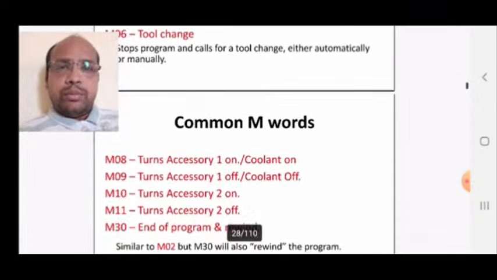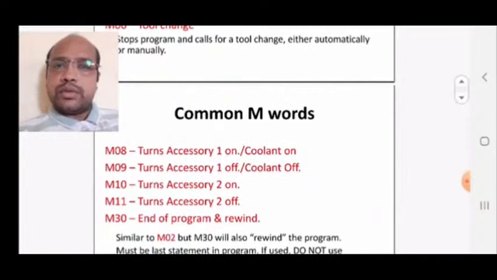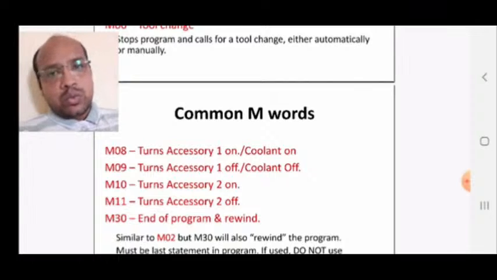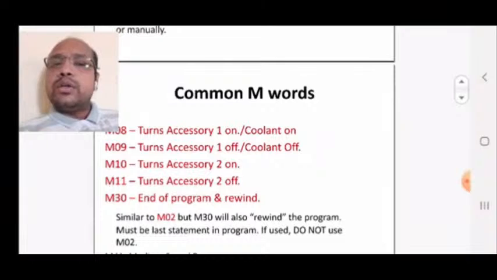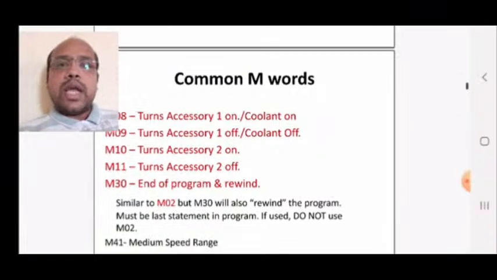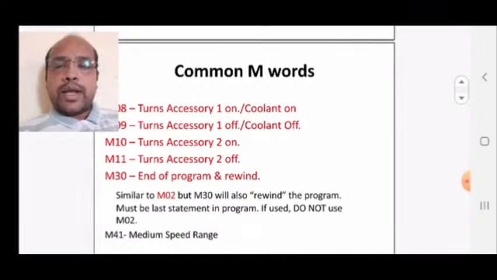Then some more M codes we have to use in writing a part program, that is M08. We have to start the coolant on, because in manufacturing operation obviously we require coolant. Then M09, coolant off, we have to stop the supply of the coolant once the operation is over. M10, you can start the use of accessories. M11, turn off the accessories.